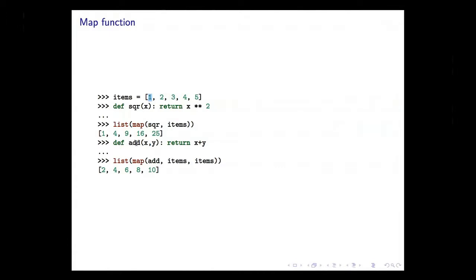So I define an add function, which takes arguments x, y, and returns x plus y. Then I call map with more arguments: the add function, and then items again, so I supply the same list twice. You can clearly see that the resulting list is 1 plus 1, 2 plus 2 is 4, 3 plus 3 is 6, and so on. So this is the map function in Python.